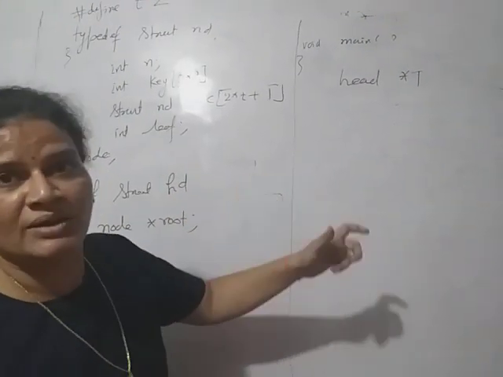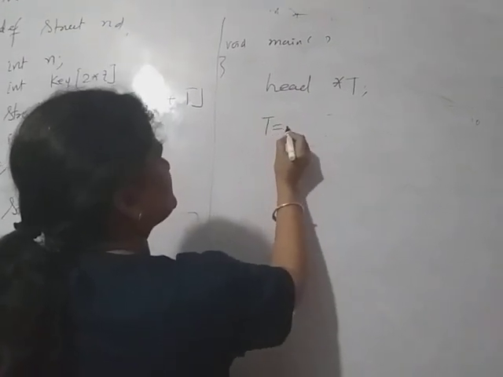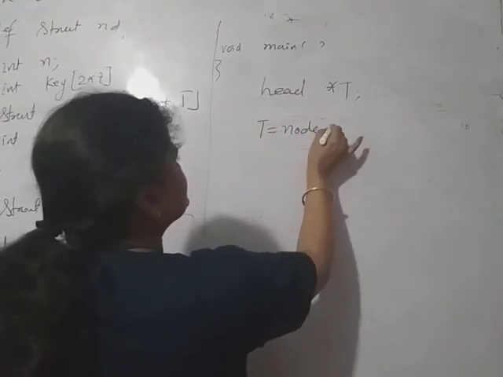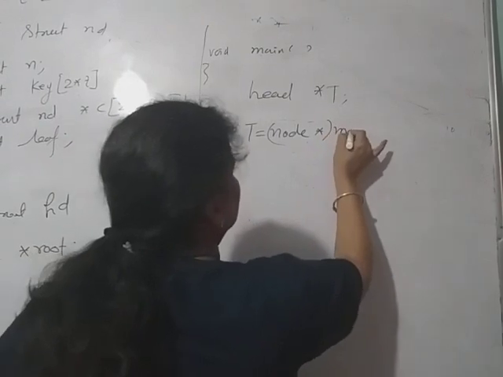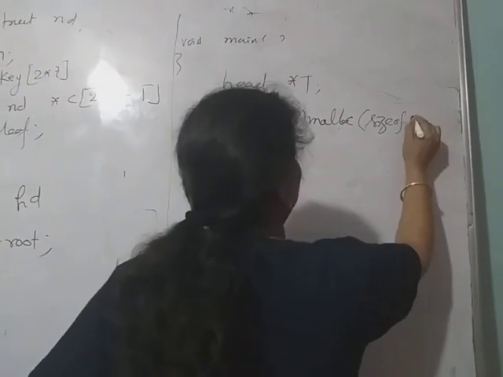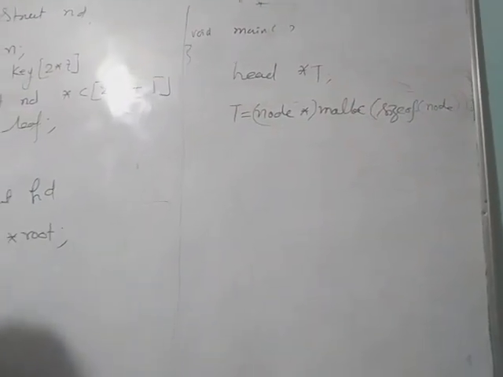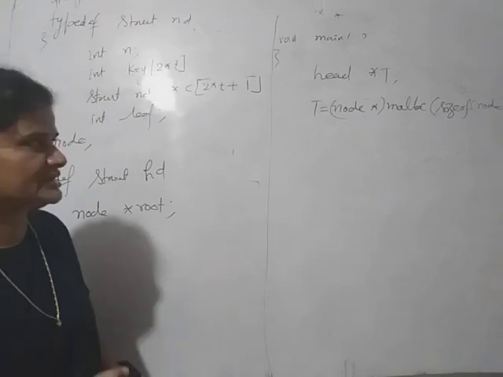So first you allocate memory for T using the malloc function. T equal to node star malloc size of node. Okay, so simply the memory for node is allocated.